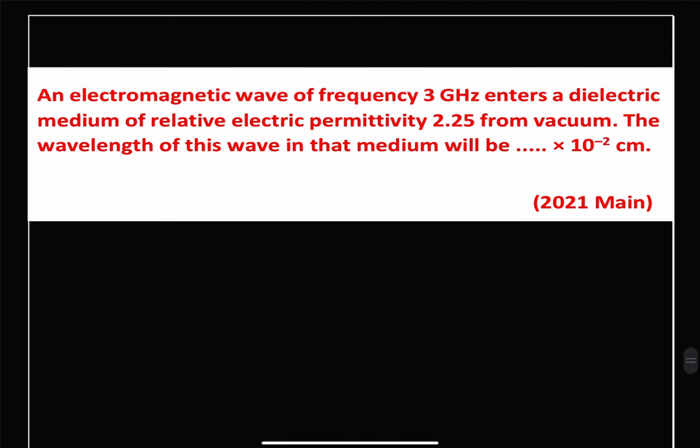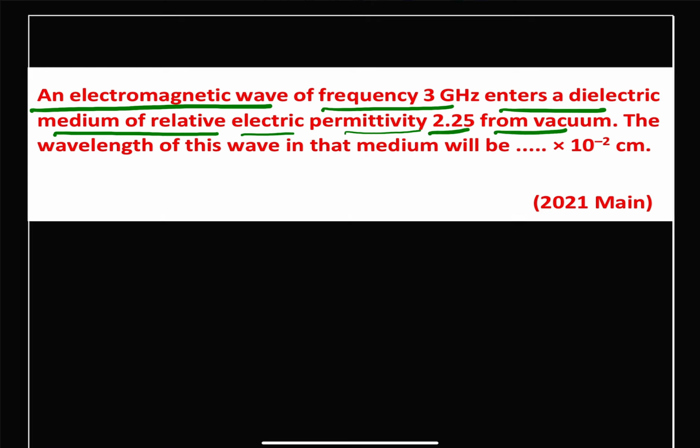It states that an EM wave of frequency 3 GHz enters a dielectric medium of relative electric permittivity 2.25 from vacuum. The wavelength of this wave in that medium will be. Okay.